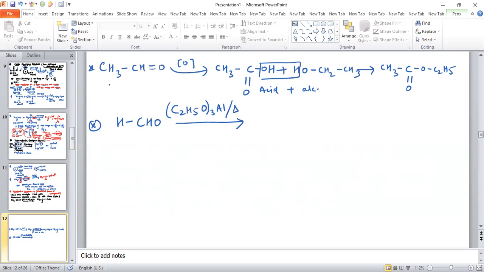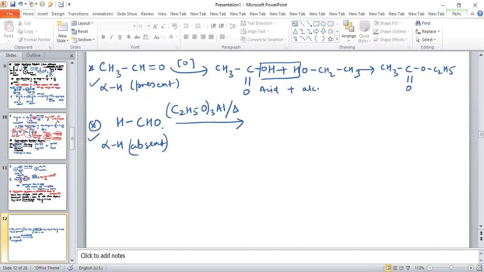In the above case there is an alpha hydrogen present, but in this case alpha hydrogen is absent. It means that the Tischenko reaction is given by both types of compounds: alpha hydrogen can be present or absent.